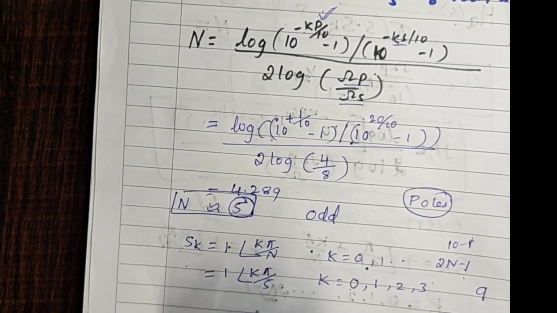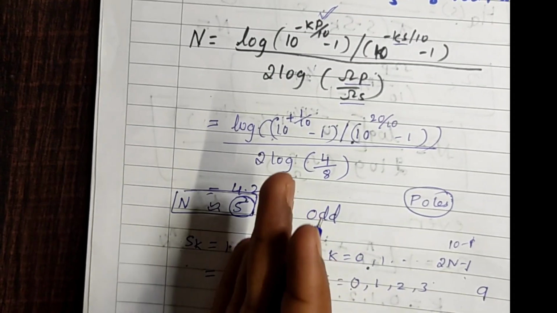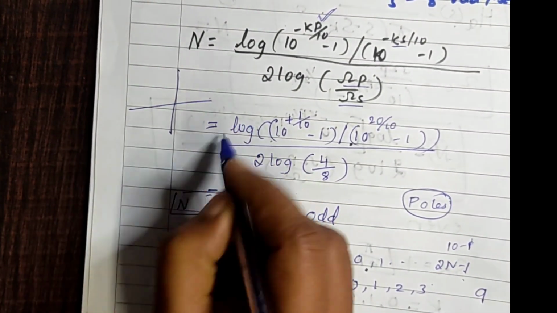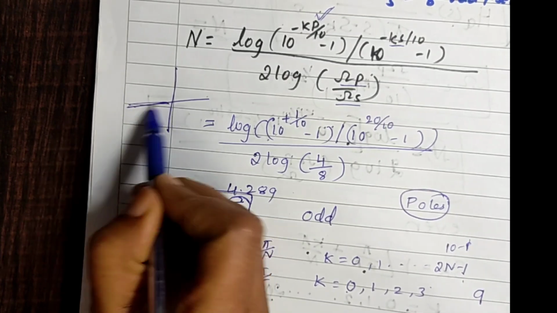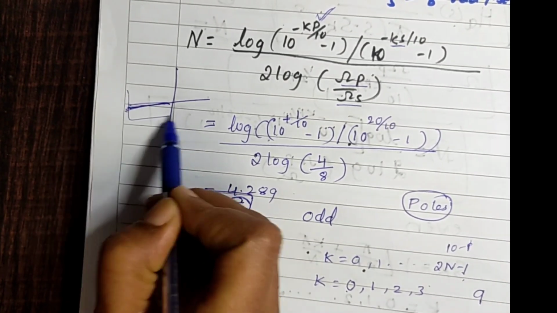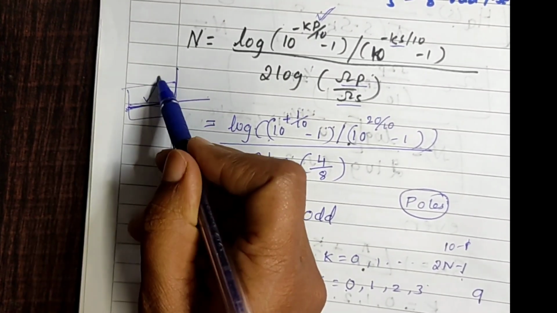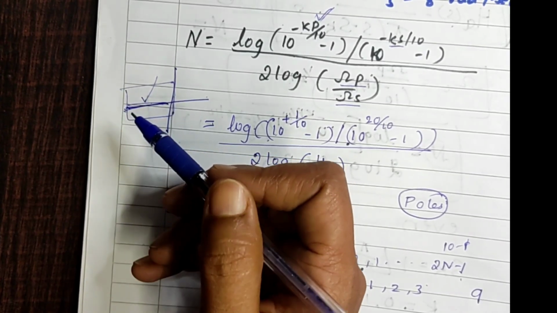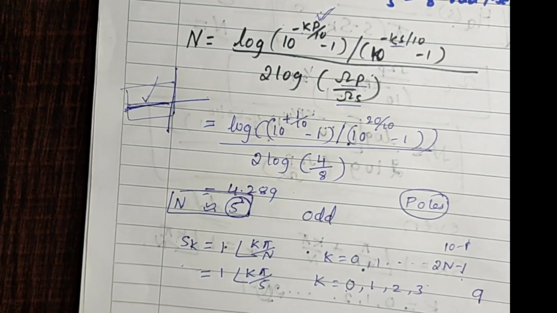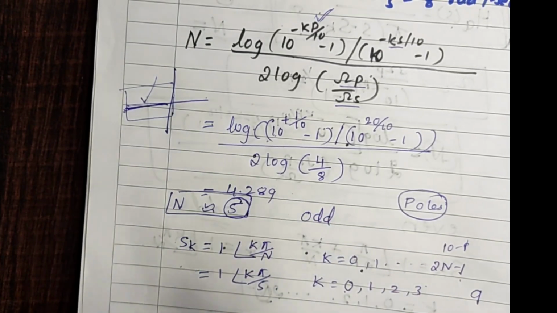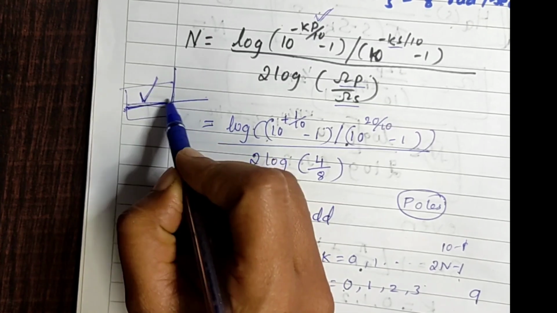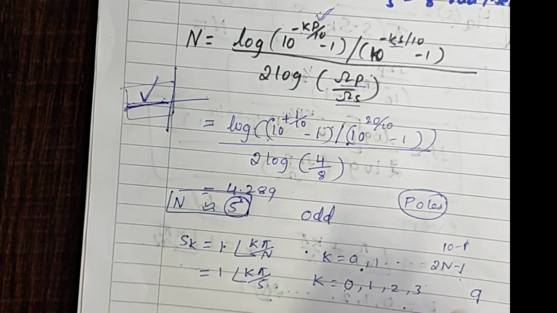Let us see. The poles which lie on the left side of the S plane, or else we can just remember in this graph, which lie on this left side of the plane. Those poles indicate the stability of the filter. The intention of having a filter is also to check whether the system is stable or not. So we have to choose the poles which lie on the left side of the plane. We will see how we can choose that.